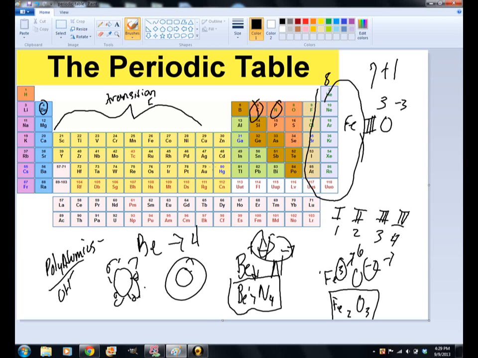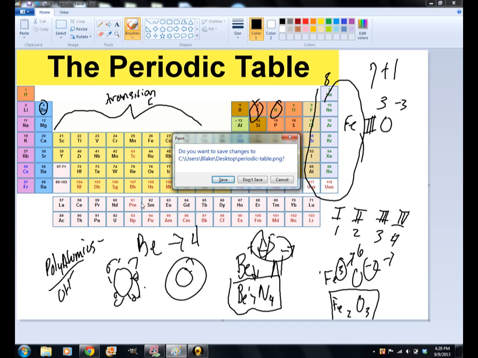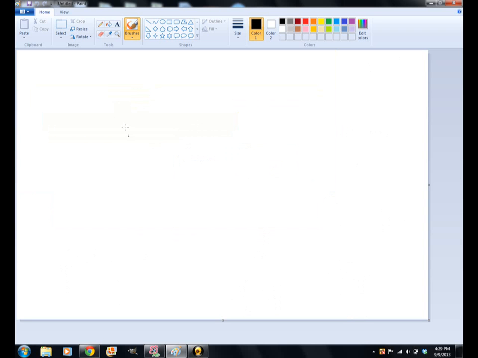The outer shells always have to try to make 8. And by the way, there's 3 kinds of bonds: ionic, which is where you connect them like, I'm trying to think of one.